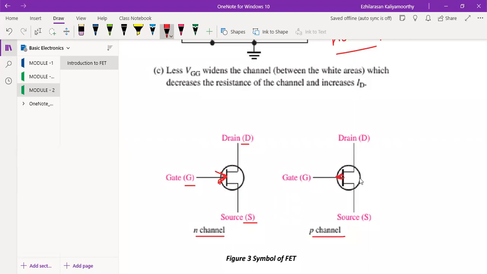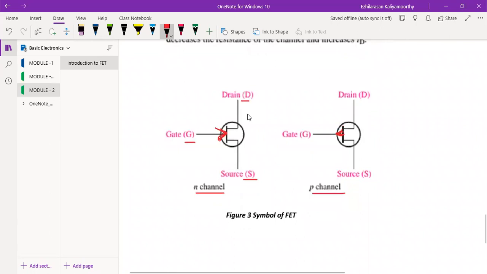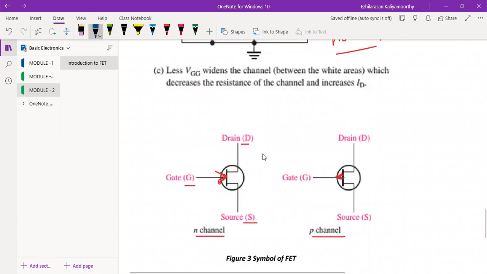We have one more symbol also. For this example, for N channel, the symbol is like this. This will be your gate, this is drain, this is source.